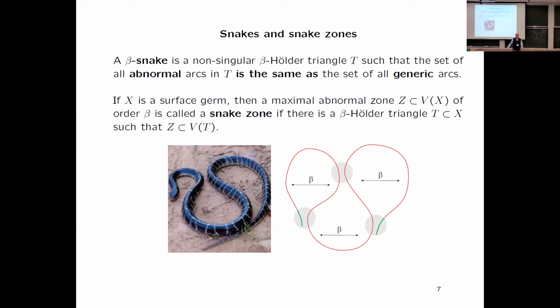So the two metrics are not equivalent, and all the red part is abnormal. Only at the end of this segment are there green parts which are normal, and there are really few. This is an open zone. Whenever you have exponent beta with this boundary arc, you already are in red.